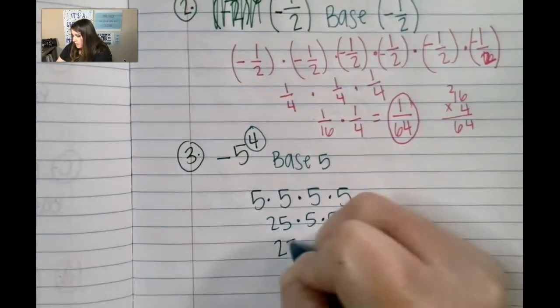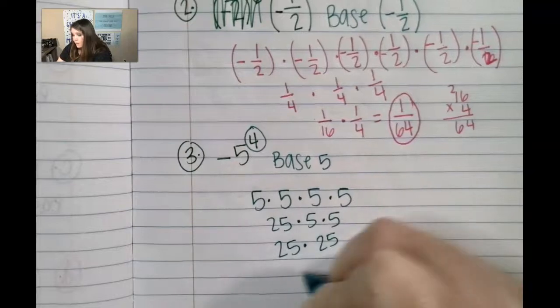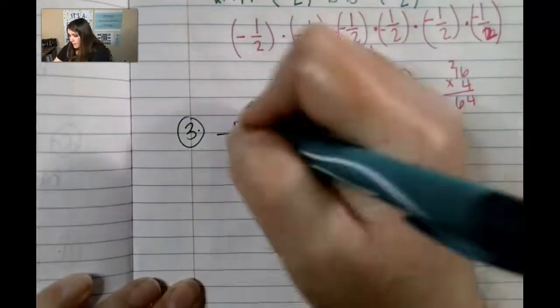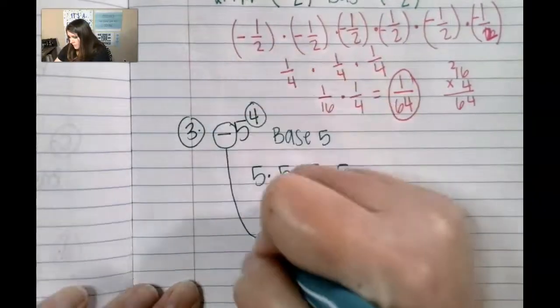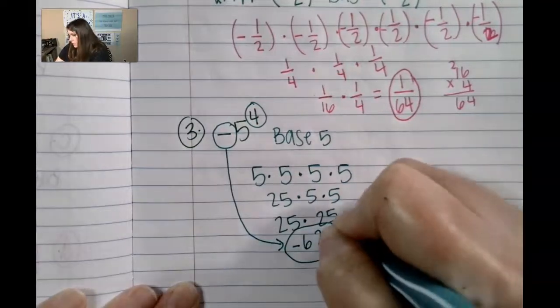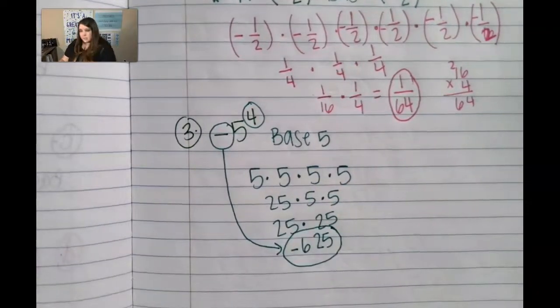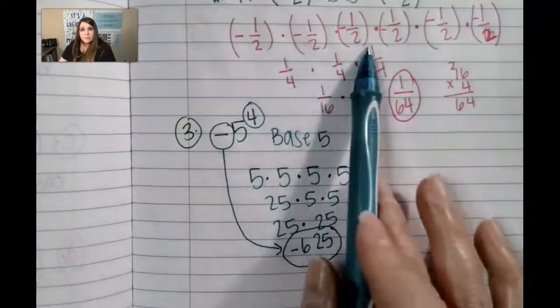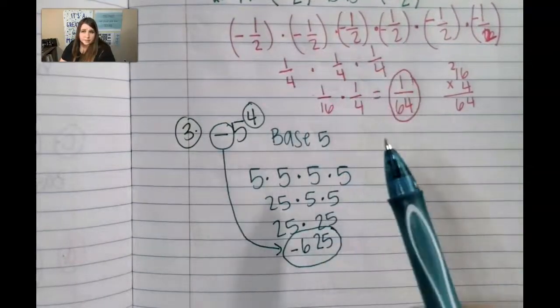And 25 times 25 gives us 625. And now this negative sign right here needs to be put on, so it's negative 625. So this negative sign did not disappear like up here because it was not inside those parentheses.